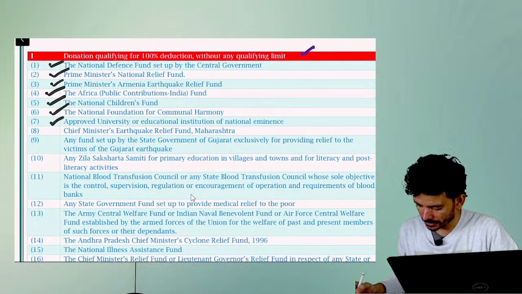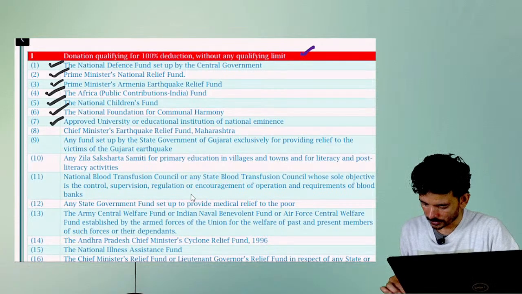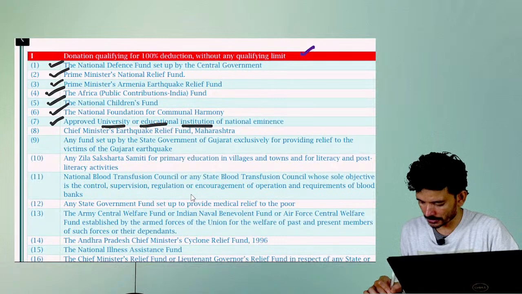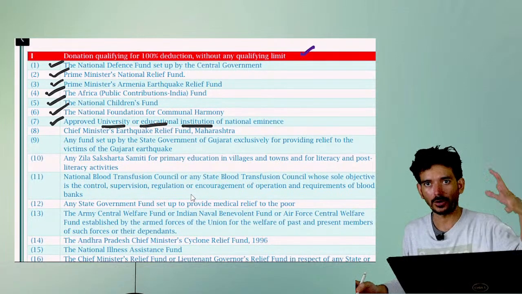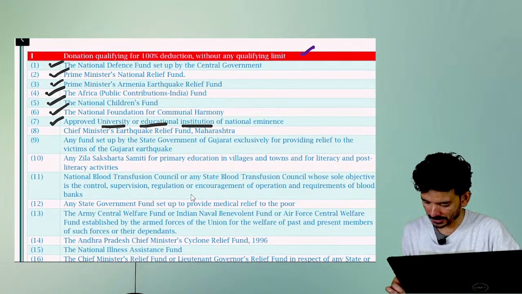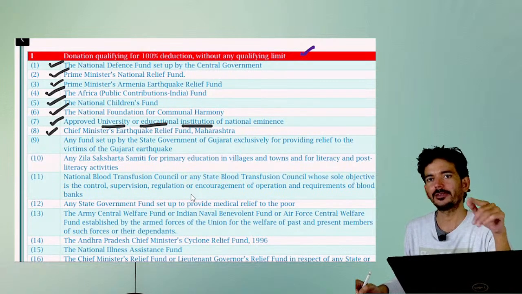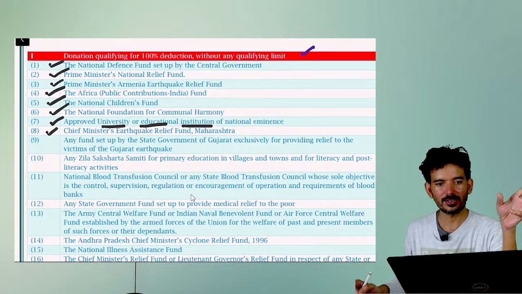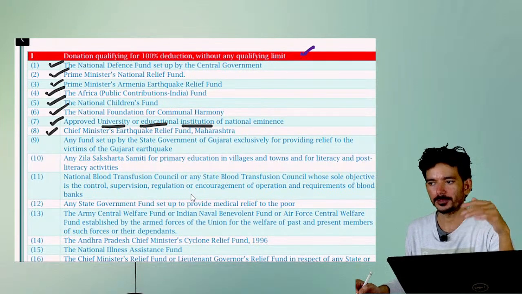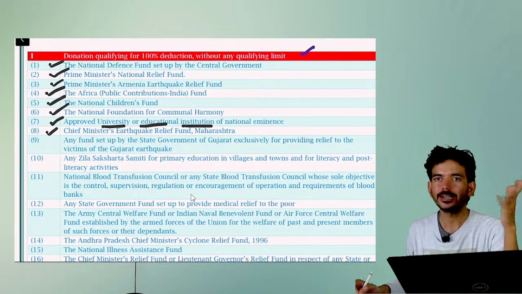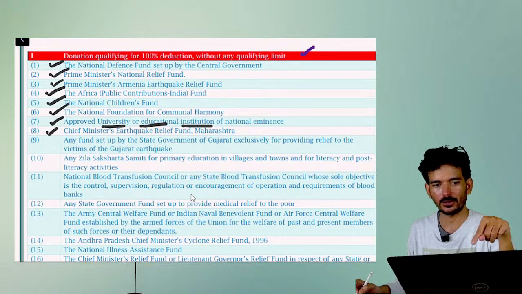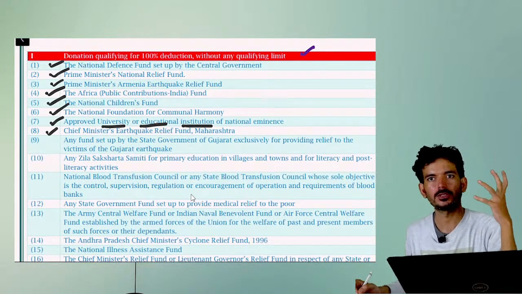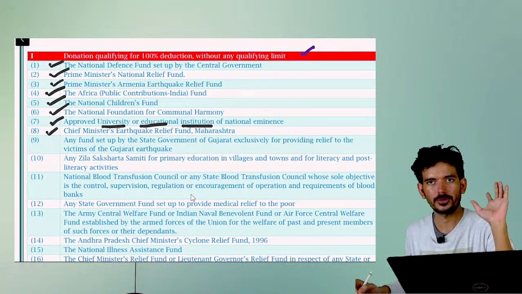Universities or educational institutions of national eminence. So if you are contributing to universities or educational institutions, whatever is important for the government of India, 100% without limit. Chief Minister's Earthquake Relief Fund, Maharashtra. Only for Maharashtra this is given. It's not for the Chief Minister's Earthquake Relief Fund of some other state. Only for that particular state, I think there was an earthquake which jeopardized a lot of lives there.